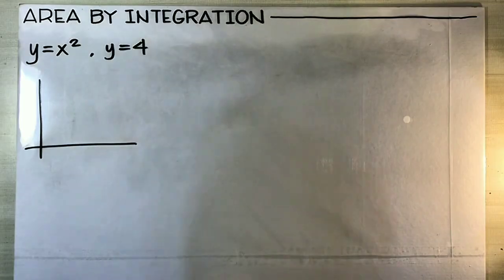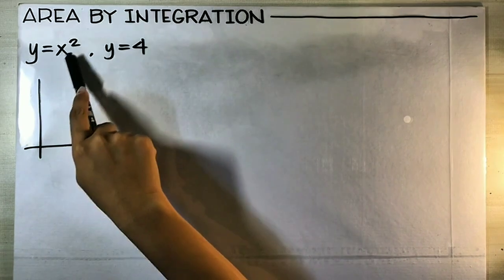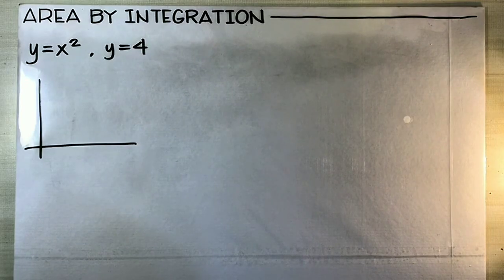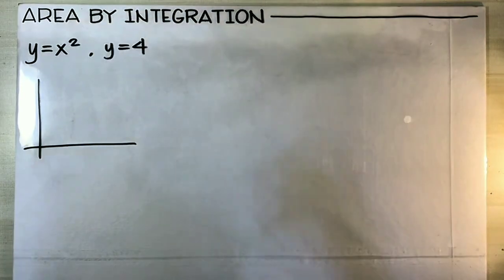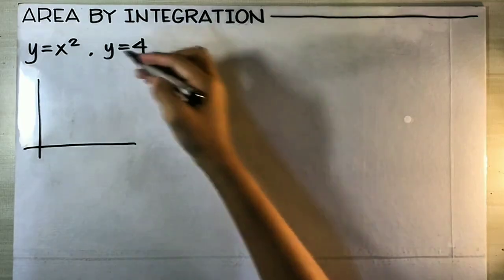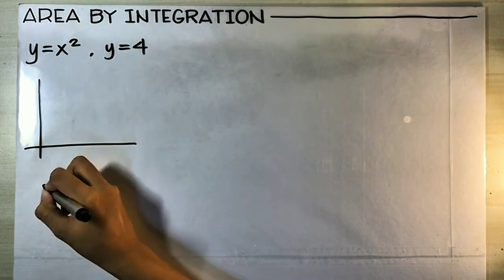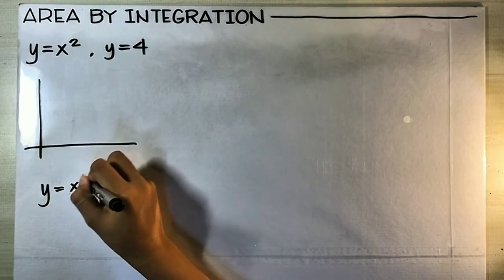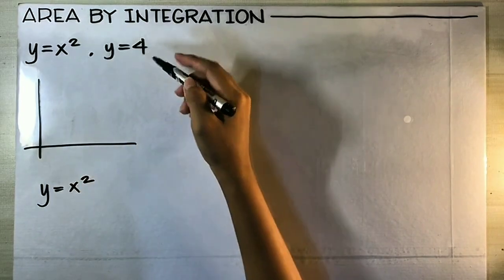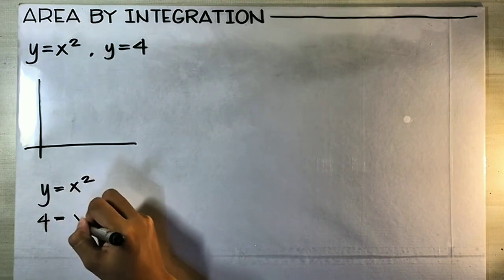So we have here an example, y is equal to x squared and y is equal to 4. We know that when the variable is squared, it has 2x, right? For us to get the values for the vertices, we need to equate these two. If y is equal to x squared, and we know that y is equal to 4, then 4 is equal to x squared.